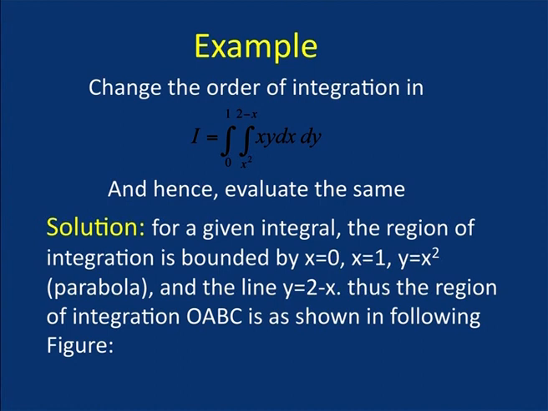For the given integral, the region of integration is bounded by the limits x = 0, x = 1, y = x², the parabola, and the line y = 2 − x. Thus, the region of integration OABC is as shown in the following figure.